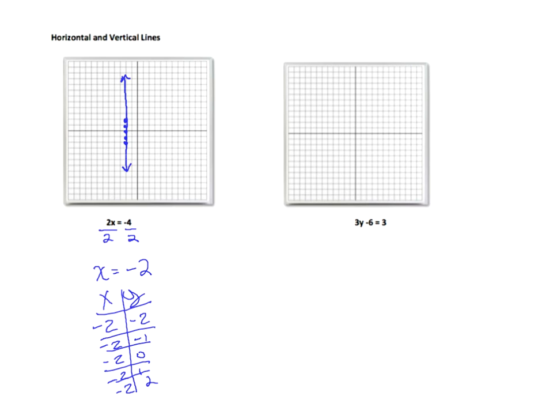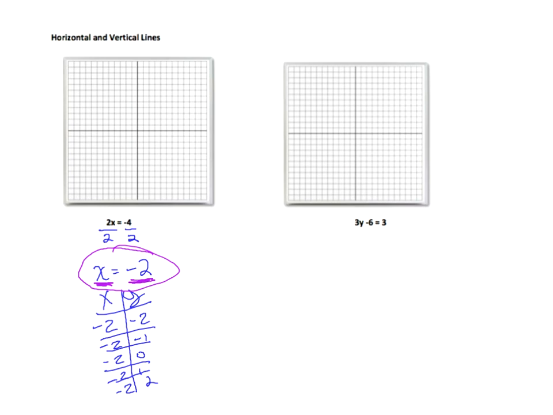So, there's a quicker way of doing this. You can set up the XY table and plot your points and you'll get it right every time. But I always also show my students the quickie way. If I have the equation x is -2, that says it goes through the x-axis at -2. So I'll graph it the quickie way now.